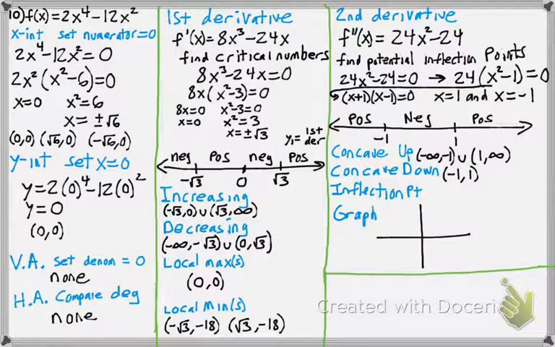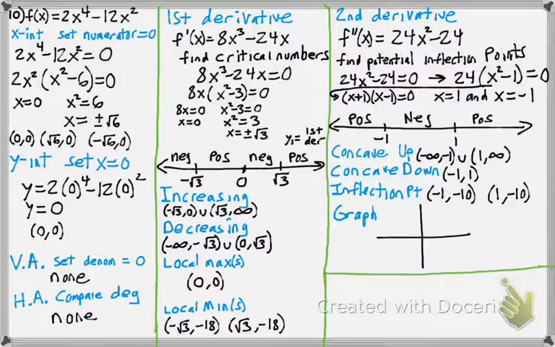And for the inflection points, there's actually an inflection point both at -1 and at +1, because there's an inflection point wherever it changes from positive to negative, or negative to positive, either one. So at -1, if you plug it into the original, you get -10. And if you plug in 1, then you also get -10.